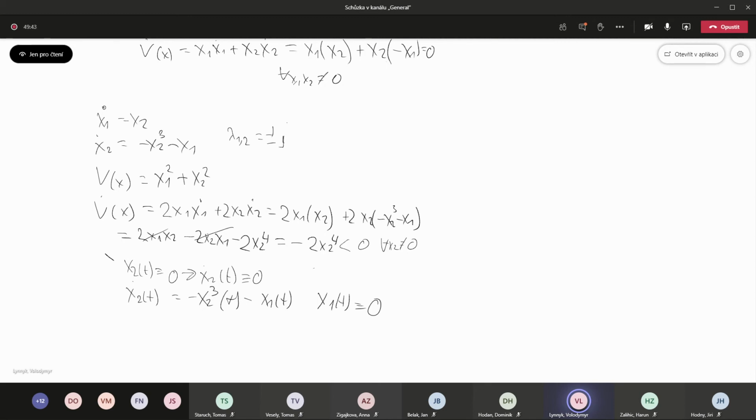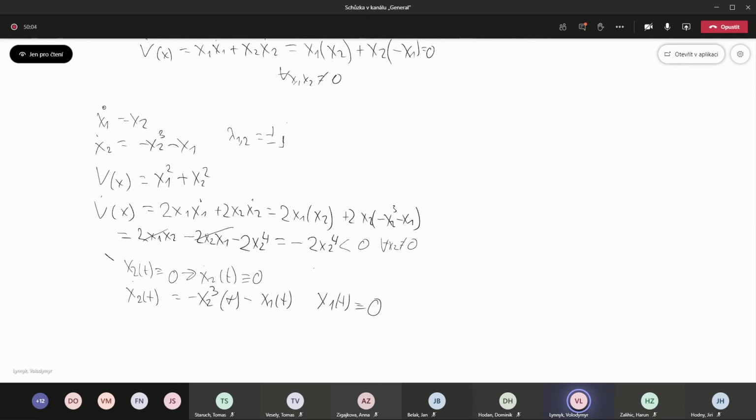Now we can say that when we apply the second Lyapunov method, we found that V dot x equal to minus 2x2 to the fourth degree, which is less than 0 for all x2 not equal to 0.